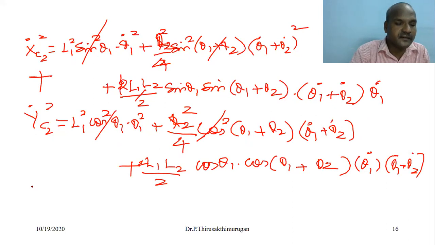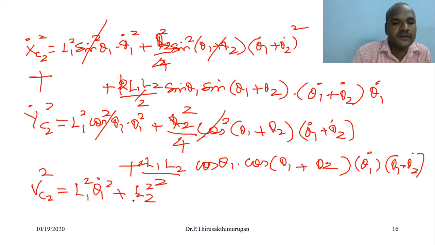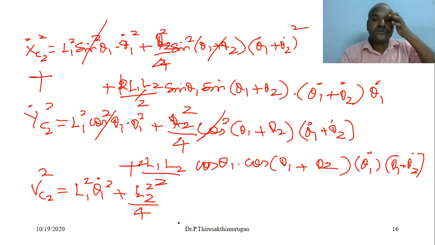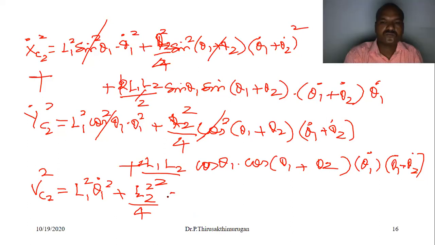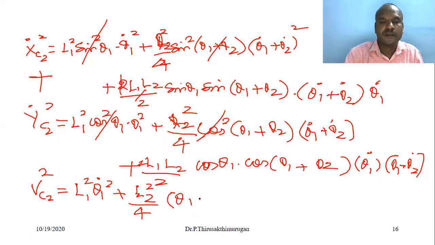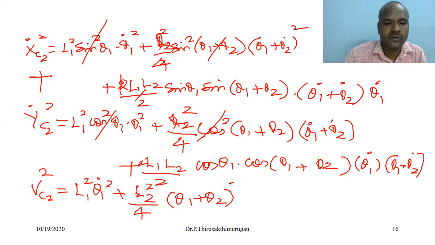So you will be getting VC2 square equal to L1 square theta 1 dot square plus L2 square by 4 (theta 1 dot plus theta 2 dot) the whole square.